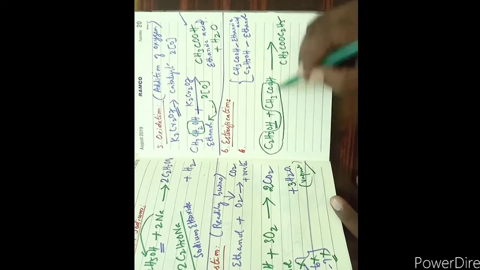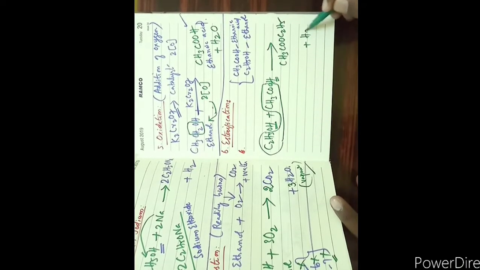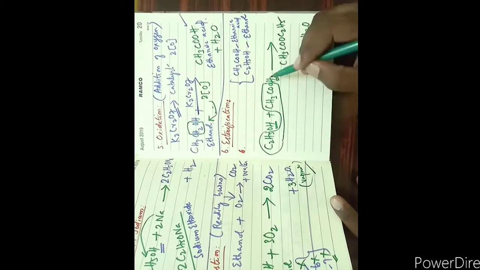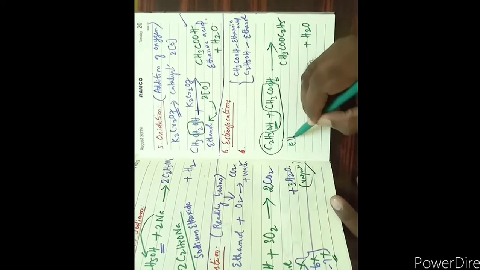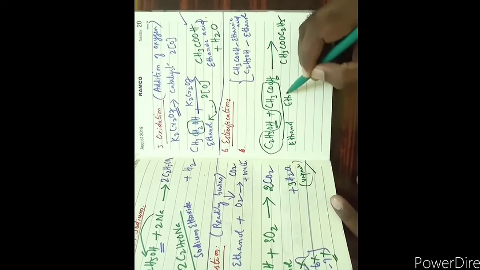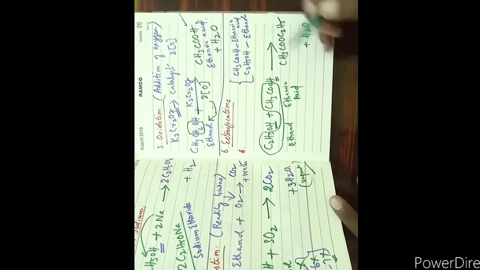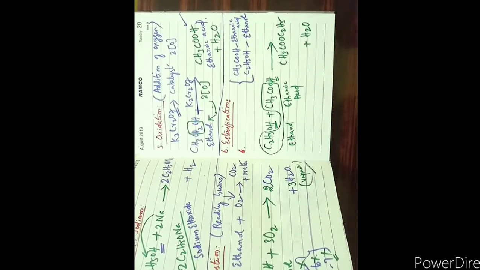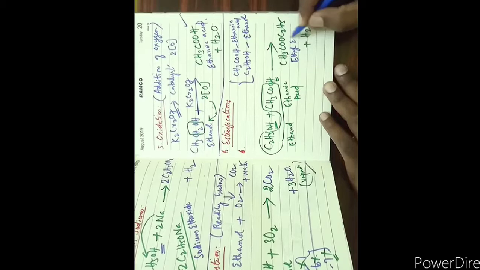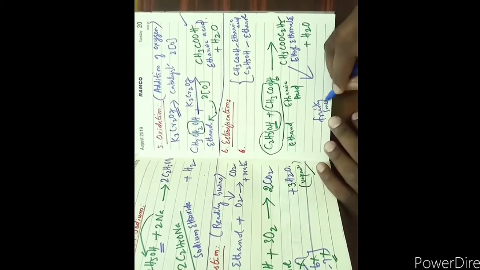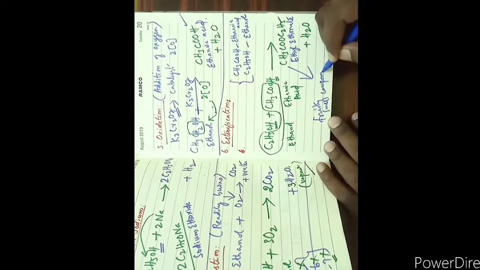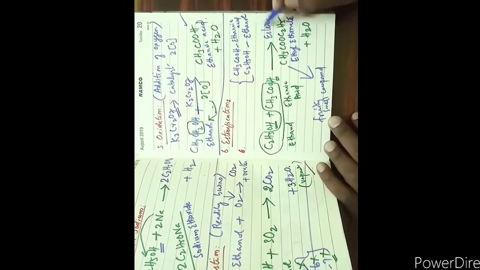What is remaining? 1 OH plus 1 H. It combines to give H2O. So I am once again repeating, when ethanol reacts with ethanoic acid, it gives a new compound called ethyl ethanoate. It is a fruity smelling compound. It is called ethyl ethanoate, or another name is ester. So that's why the reaction is called esterification.